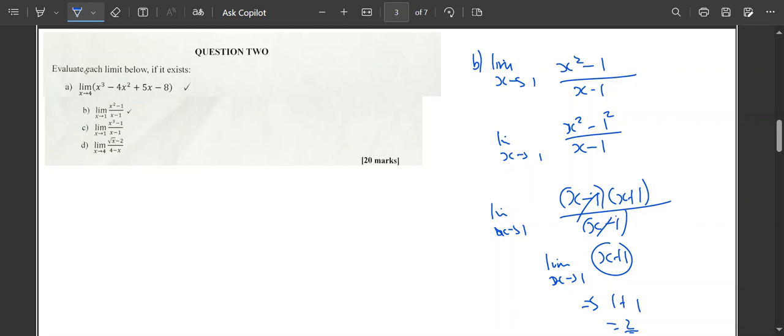Okay, hope that was clear. So let's go now and solve this one. It's an identity. When you have x cubed plus 1, you say x plus 1, then you maintain the same x plus 1 as the initial. For this identity, you say x plus 1, then you open a quadratic.